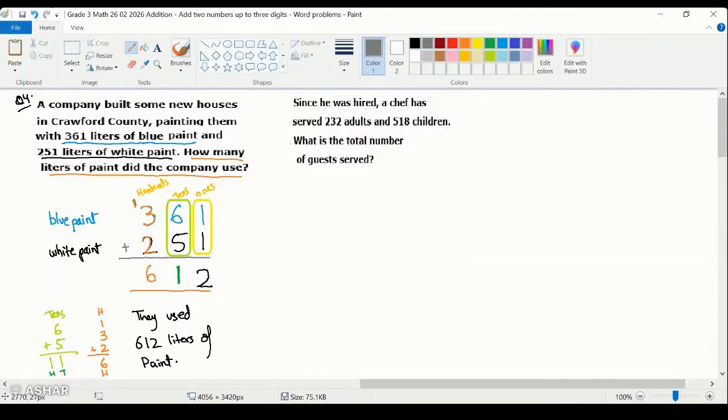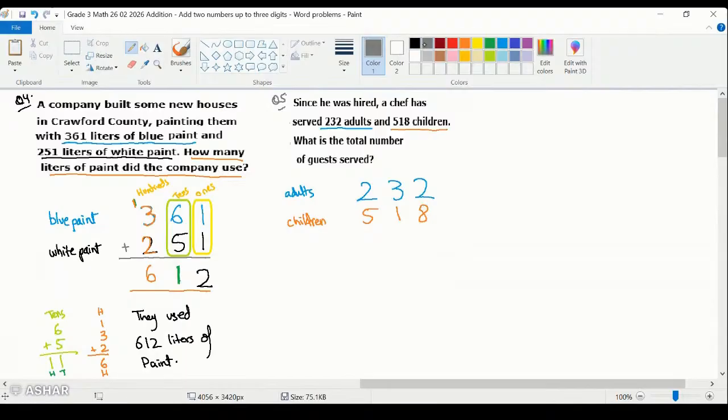Question number 5. How many adults were there? 232 adults and 518 children. So we can write adults there were 232, whereas the children were 518.